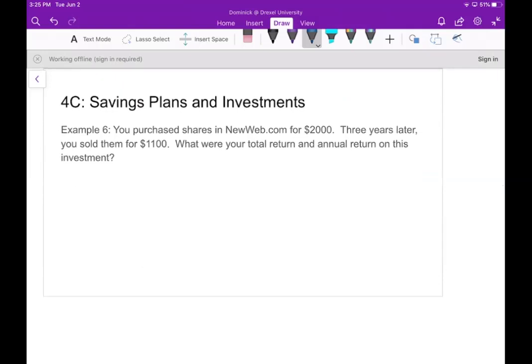So here we have that we purchased shares in newweb.com for $2,000, and 3 years later, we sold them for $1,100. So it looks like here it went down. So now the total return, our (A minus P) over P times 100, will in this case be (1,100 minus 2,000) over 2,000 times 100.